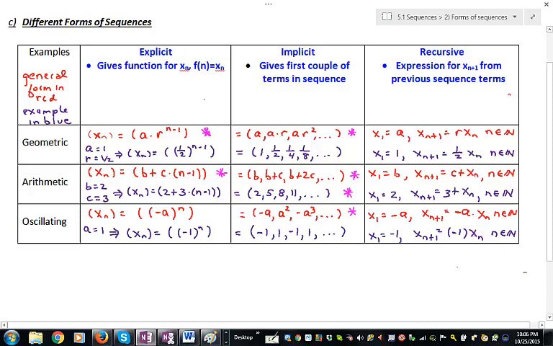Now, why do we have all these different forms? The explicit form is very good when we want to study what we might call the asymptotic behavior of the sequence.